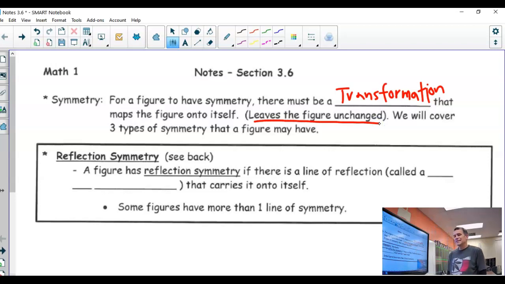We will cover three types of symmetry over the next couple of times. Today we are only going to cover one, reflection symmetry.